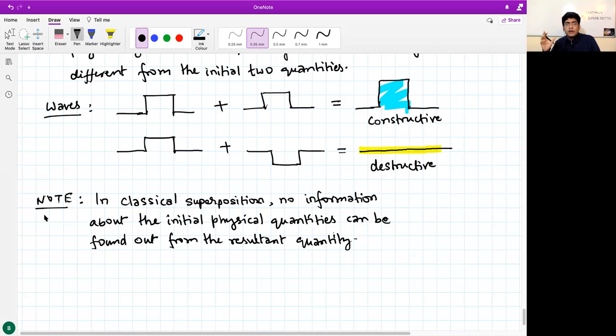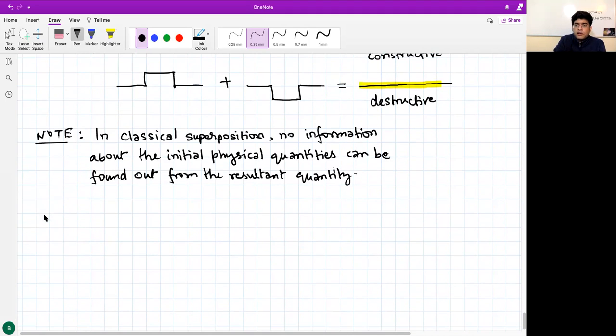That is how it cancels the noise, and you can only listen to the song. So this principle is being used here. So that is classical superposition. Now let's talk about quantum superposition.